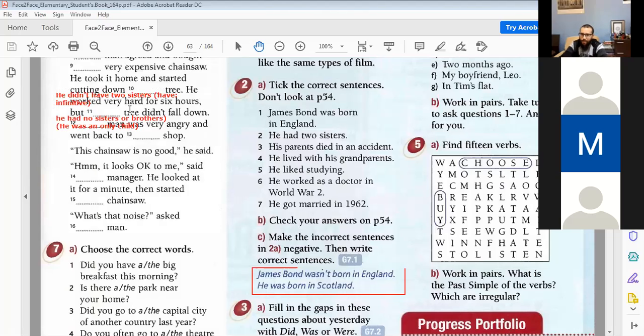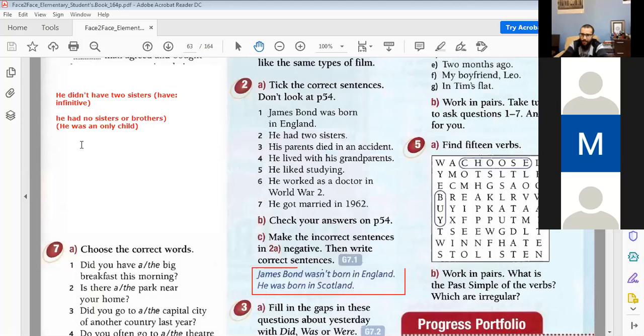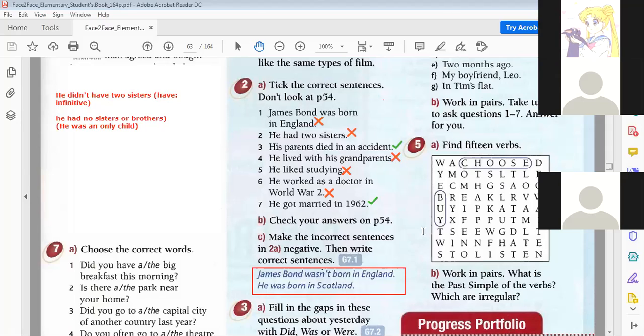Okay. Let's see. Okay. Now let's check the next example. His parents, this is correct. He lived with his grandparents. Who would like to change this into negative and maybe write the positive?